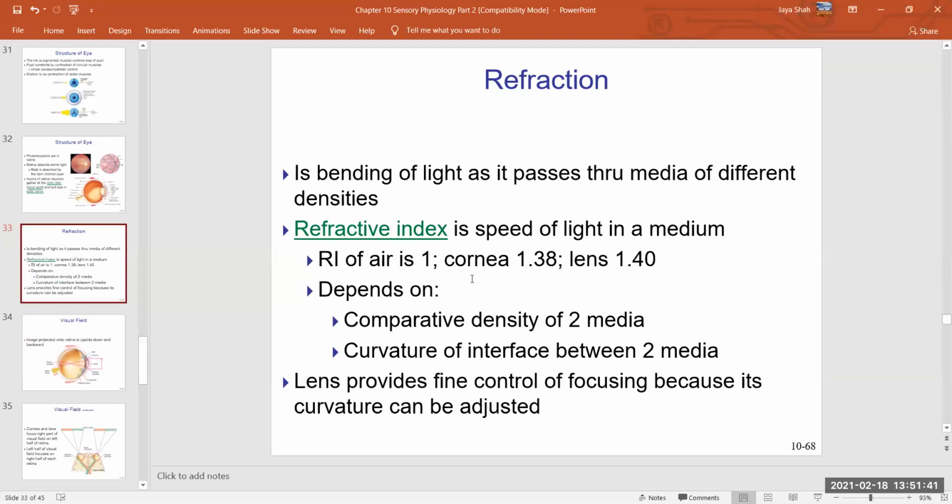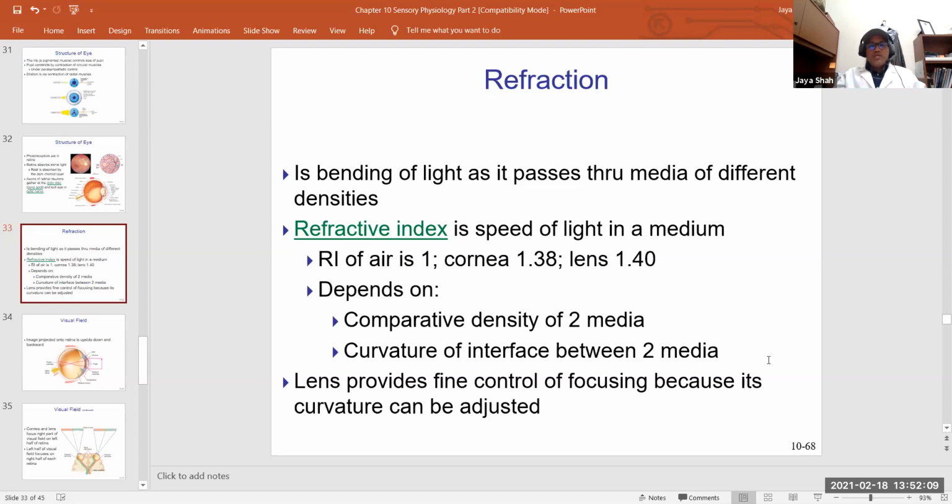How do we determine what the refractive index is? That depends on the comparative density of two media. So when rays from air pass into your cornea, which is thicker, then it bends towards the center. When it is less, then it bifurcates more, diverges. And it also depends on the curvature of the interface between two media.